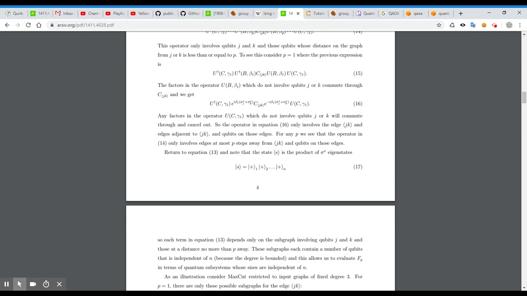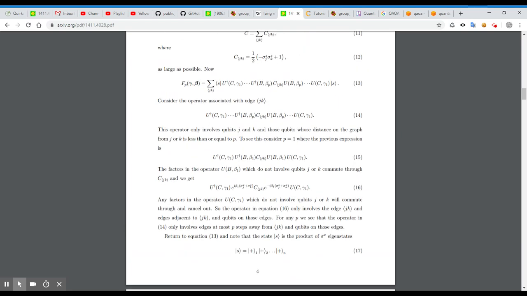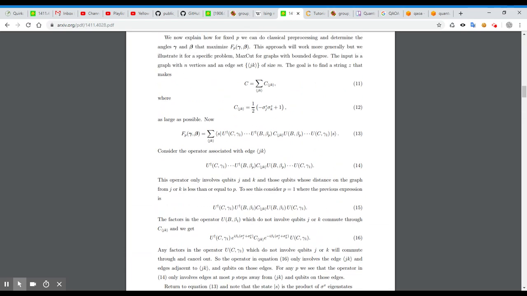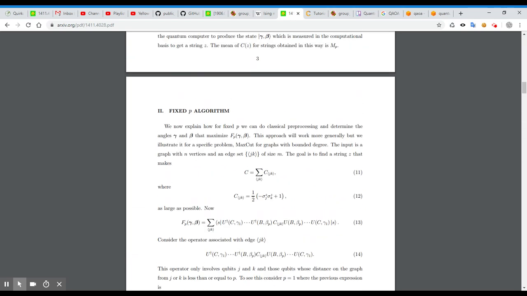We see that the operator only involves edges at most p steps away. Oh, so we're already in the MaxCut. We now explain how, for fixed p, we can do classical processing and determine the angles that maximize it. This approach will work more generally but is illustrated for a specific problem, MaxCut, for graphs with bounded degree, where the input is a graph with n vertices and a set of edges.